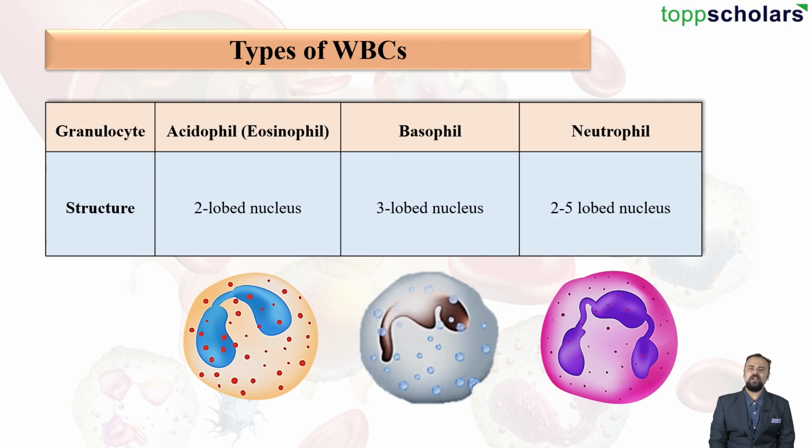If you are wondering what has caused their names to be like this, let me tell you that these cells have been named depending upon what kind of dye is absorbed by them or which kind of dye is used to stain them. Acidophils are the ones which get stained by acidic dyes. Basophils get stained by basic dyes, and neutrophils get stained by both acidic as well as basic dyes.